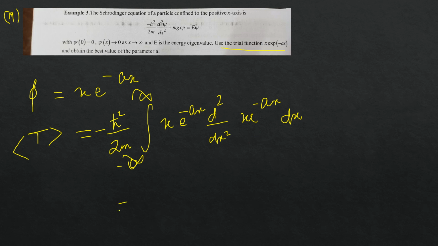So I will write the whole integration thing. This will be your minus h cut square by 2m, integral from minus infinity to infinity. This whole inside part will become a square x square e to the power minus 2ax.